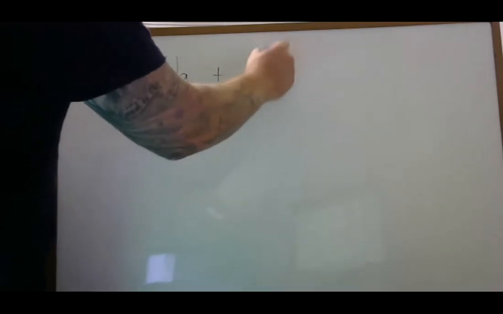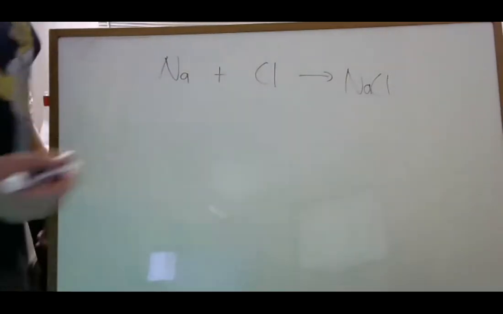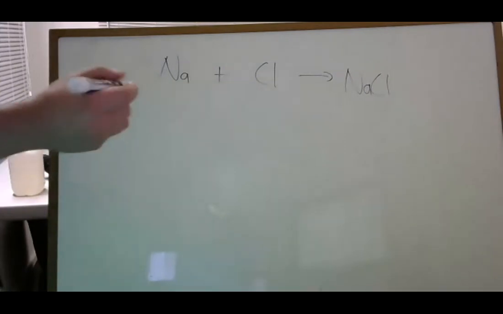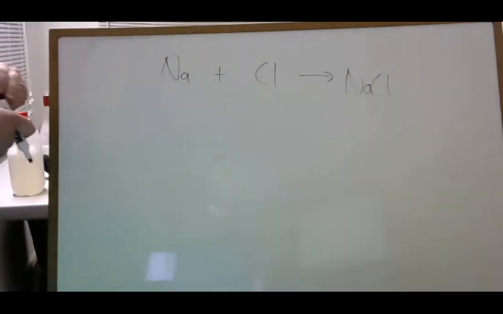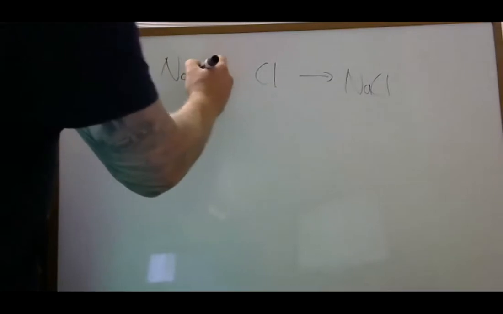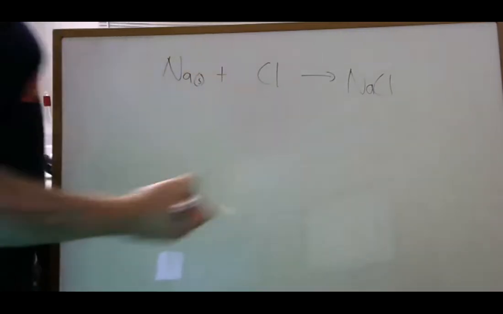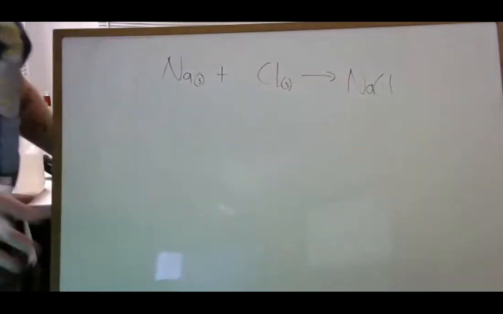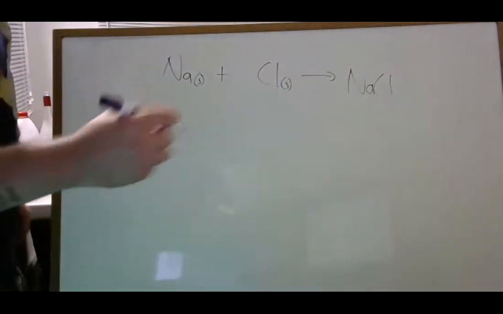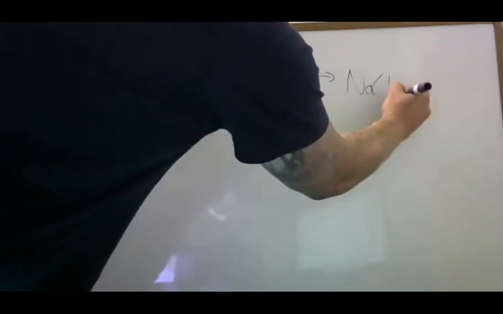So in a chemical reaction, we have, so here's my favorite reaction. Creating salt. So if we were using solid sodium, we would denote that with an S. Chlorine. This is going to start off basic, and it's going to ramp up really fast. Create solid sodium chloride.